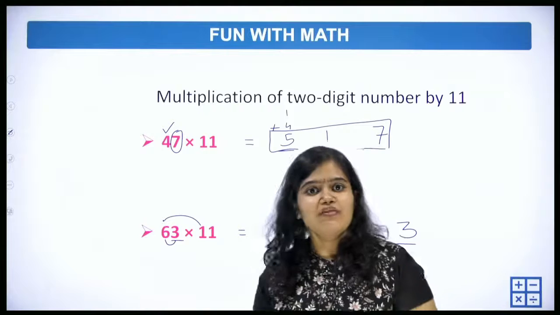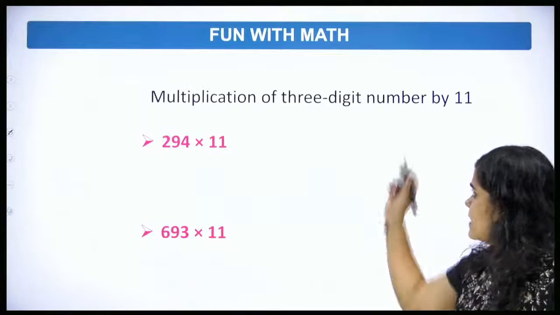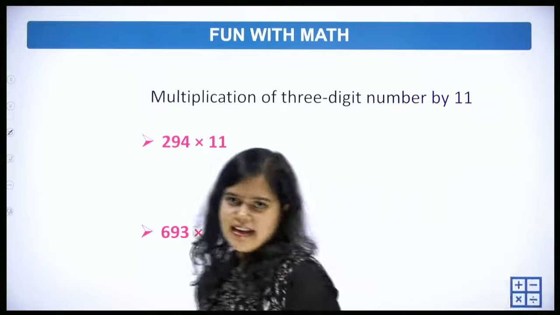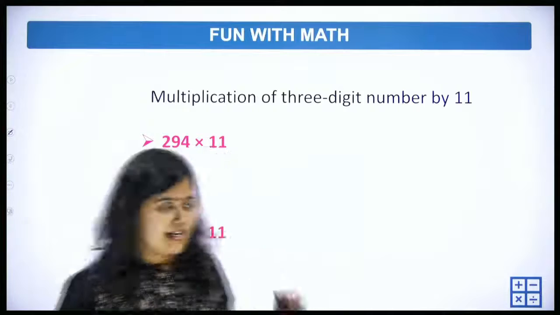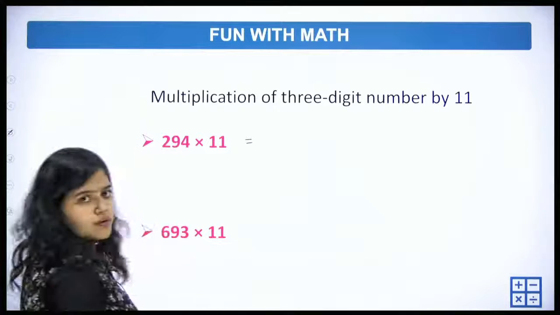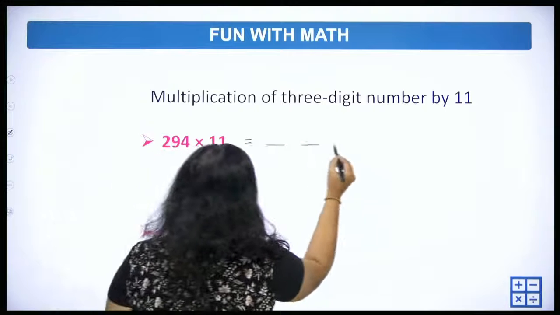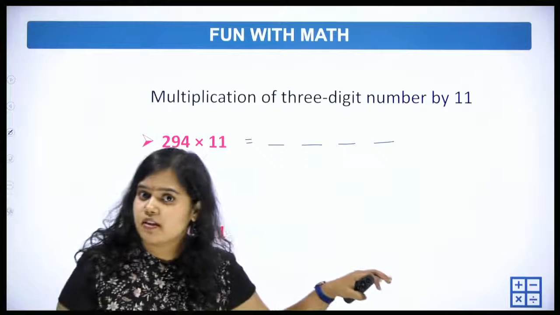Now let's look at how to multiply 3-digit numbers with 11. This also follows a similar pattern as 2-digit numbers. Let's see. We have 294. Now on multiplication we get a 4-digit number. Clear? And what will this 4-digit number be?